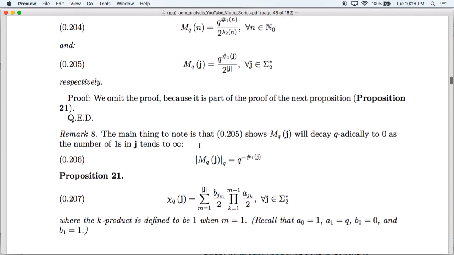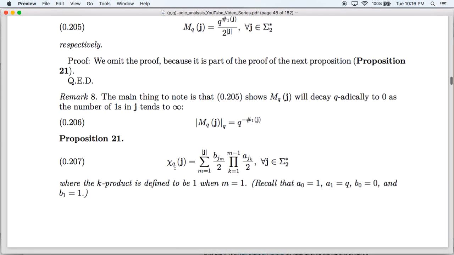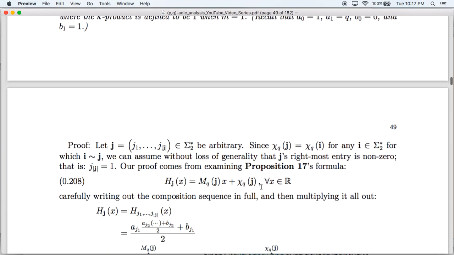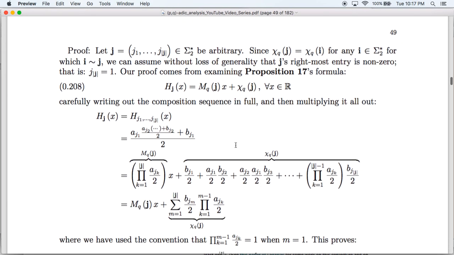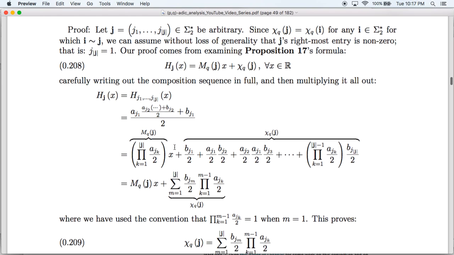So proposition 21, we have the following formula for chi-q of bold j, and this product here will be defined to be 1 when m equals 1. The proof takes from writing out this formula and then doing a glorious computation.